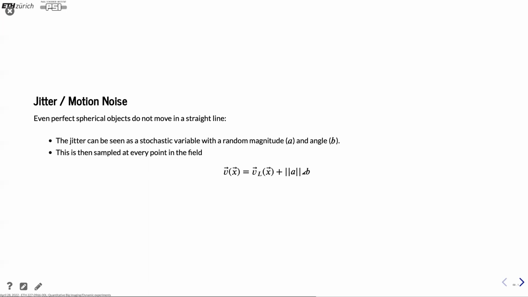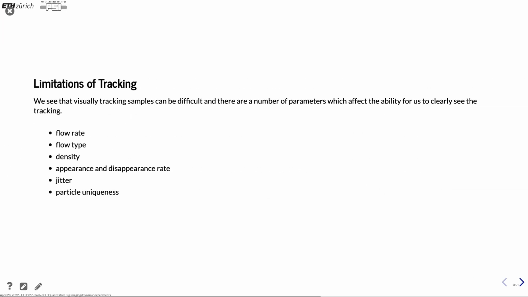And in principle, we have the sample moving around, but there is an additional random magnitude and angle of the object that you have to consider in this tracking. And there are some limitations. We can also look at flow rates: how far away can the object move and still be detectable.